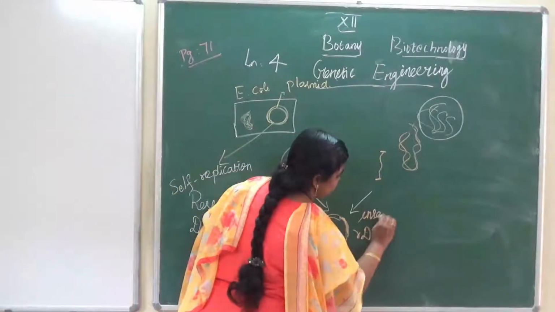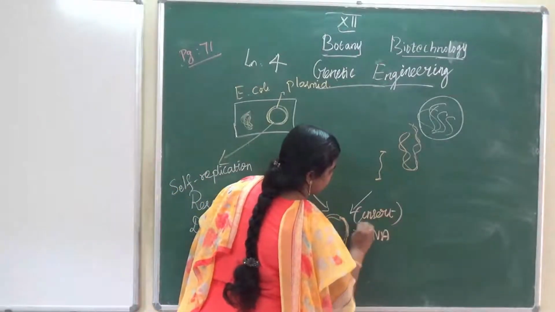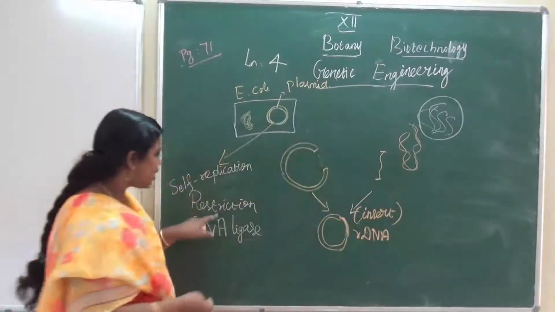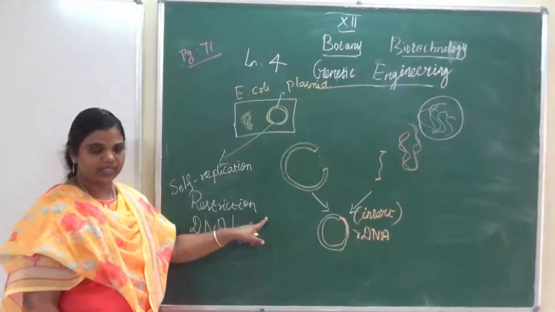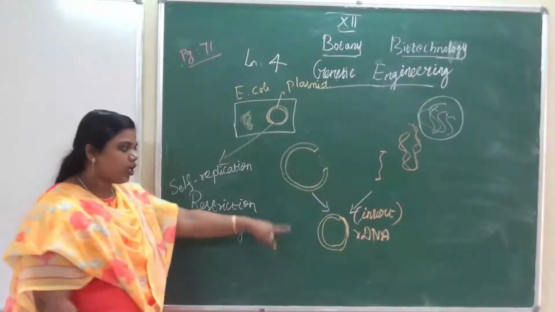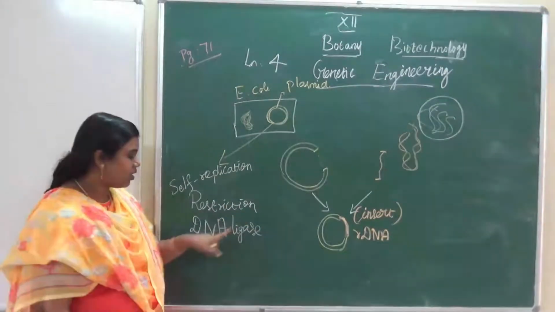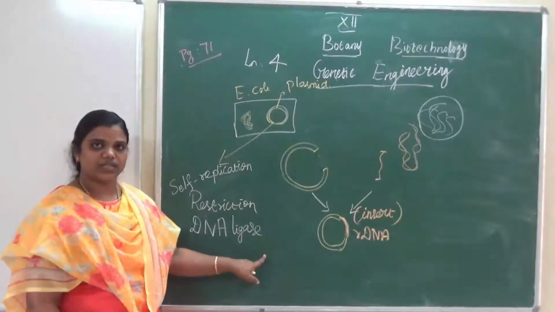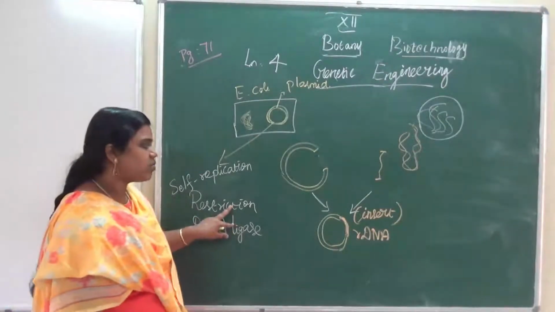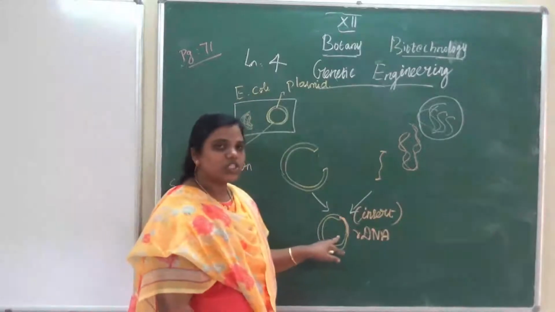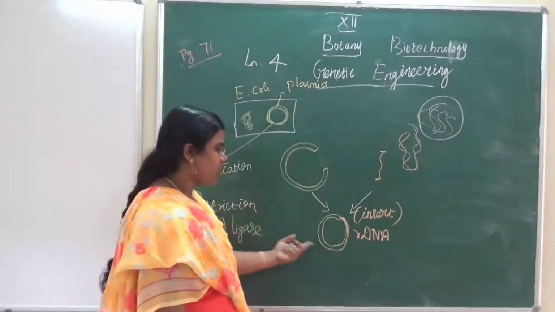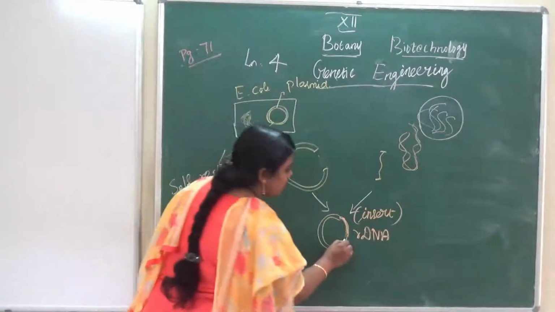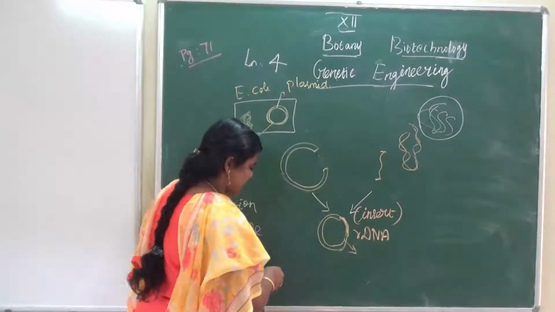So which enzyme cuts the DNA? Restriction endonuclease. And which one joins the fragment to the plasmid? That is DNA ligase. The two enzymes have the important roles of cutting and joining the DNA fragment of the plasmid.